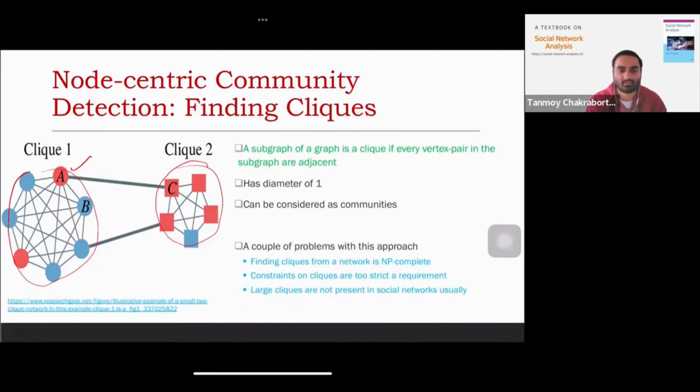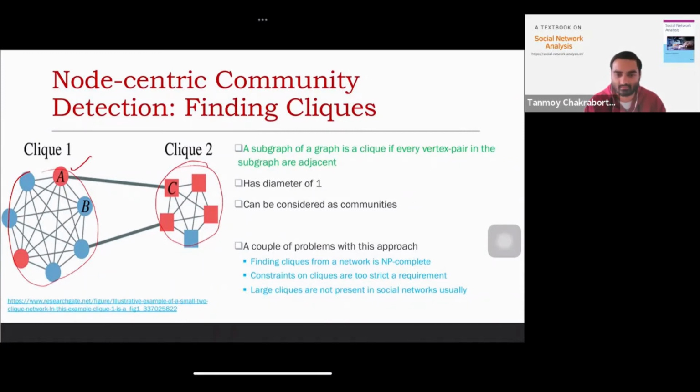So essentially, in the old days, when we had the task of community detection, people used to basically detect cliques and return those cliques as communities. The problem is that clique detection is NP-complete.